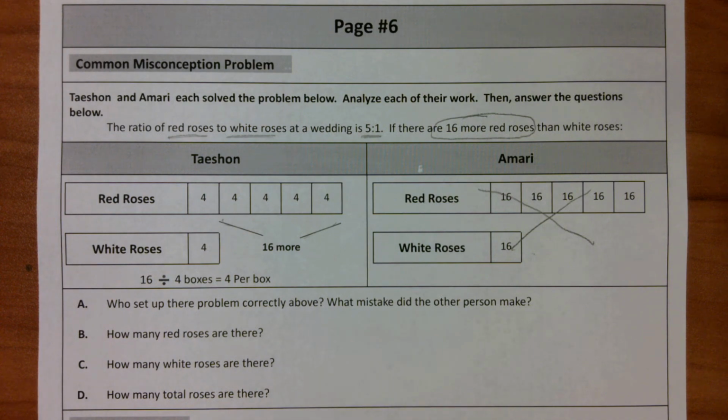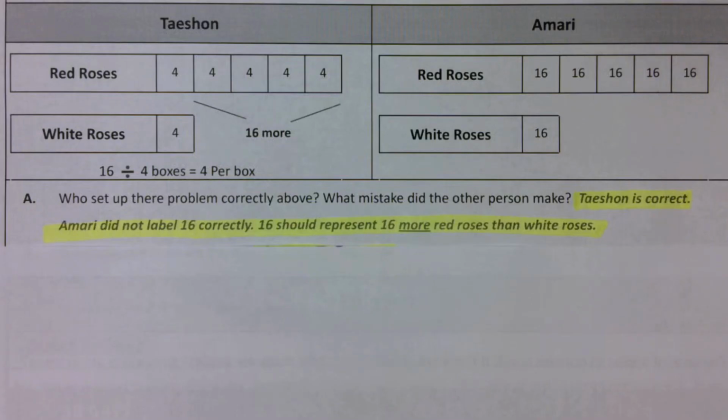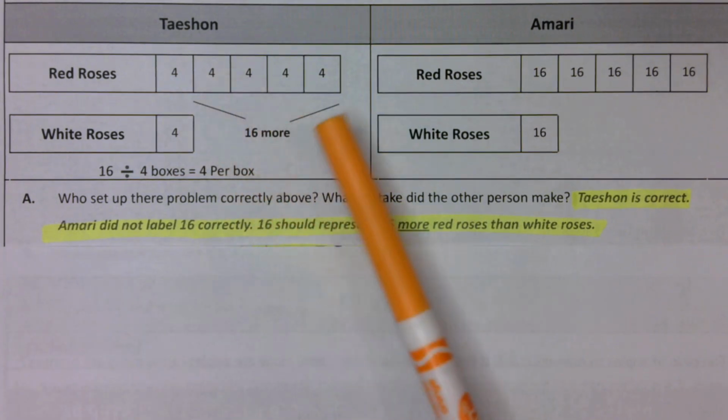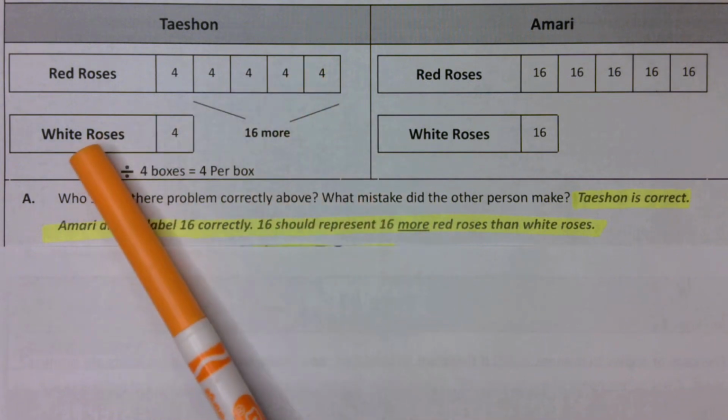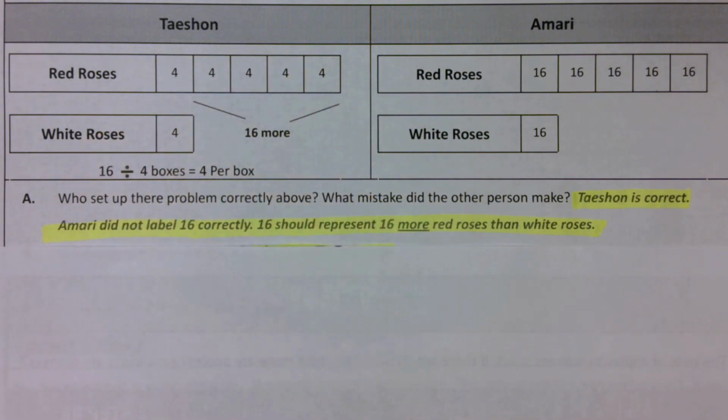What mistake did the other person make? So Tayshawn is correct. Amari did not label 16 correctly. 16 should represent 16 more red roses. And there are 4 more boxes for red roses than there are white roses. The next question says, how many red roses are there?